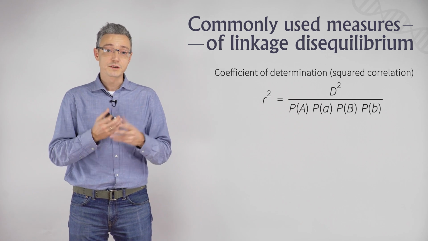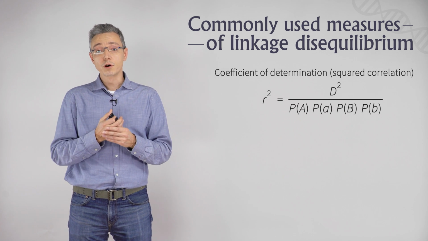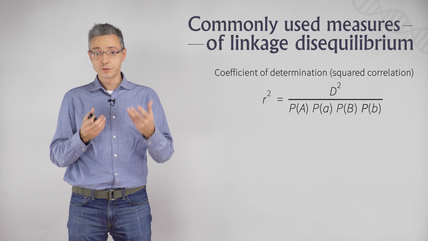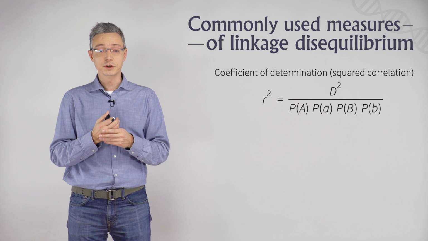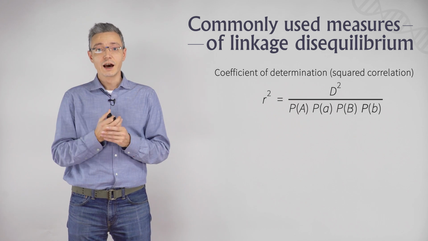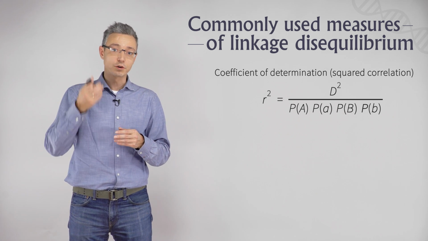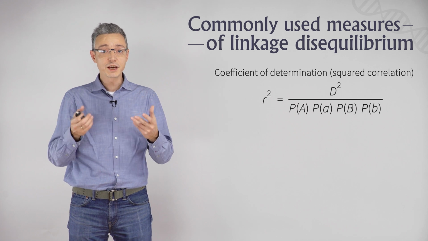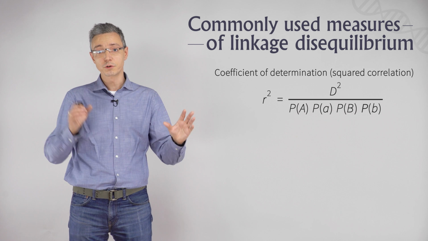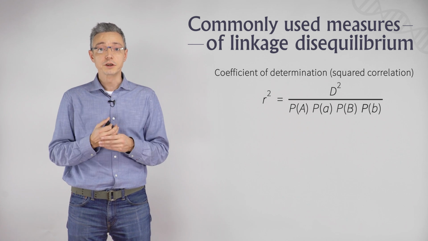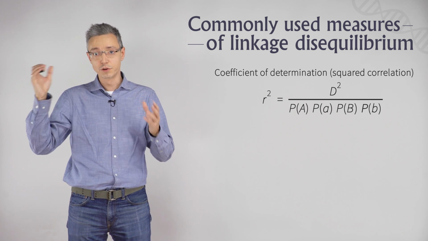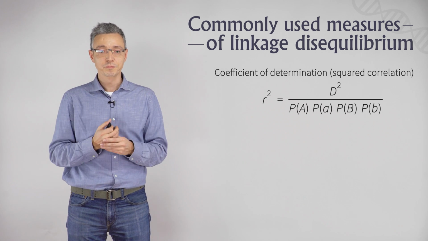Again, I remind you that D is covariance, but knowing the frequencies of alleles, we can scale it into the coefficient of correlation, which will be distributed between -1 and 1. And we can square it, and then the squared correlation coefficient, or coefficient of determination, as a metric of linkage disequilibrium, will be distributed between 0 and 1, with 0 meaning no linkage disequilibrium and 1 meaning very strong or perfect linkage disequilibrium.